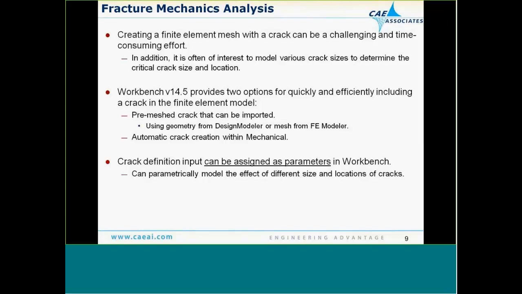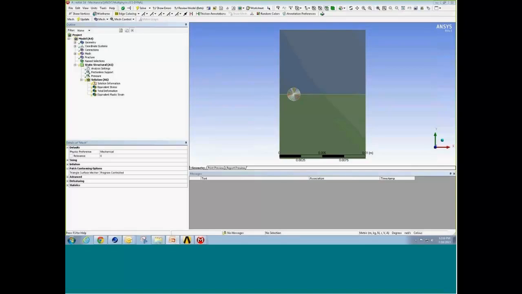If you've attended our previous e-learning on the parameter manager, there's a lot of parameters, and I'll identify them as I go through the demos. You can create parameters so that you can run a whole bunch of different cracks automatically without having to do everything manually. So I'm going to switch now, and I'm going to show 2 different demos.